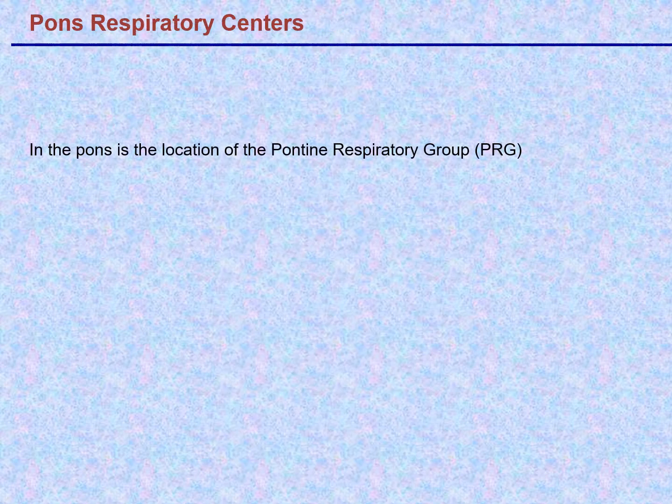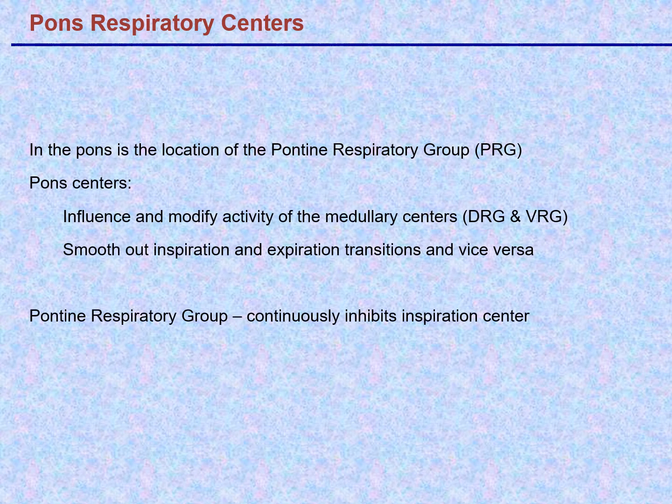Okay. There is also another respiratory group present in the pons, and it was on the previous diagram. In the pons you have the pontine respiratory group, or PRG. The pontine respiratory group has an influence and can modify activity of the two medullary centers, the DRG and the VRG.